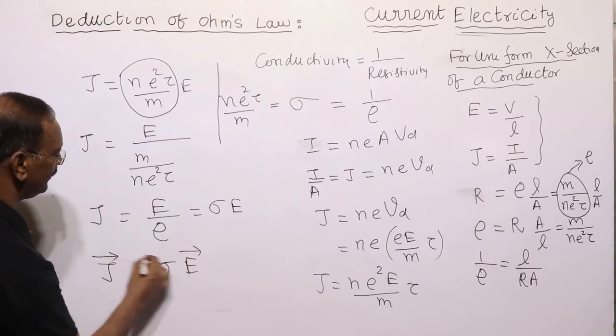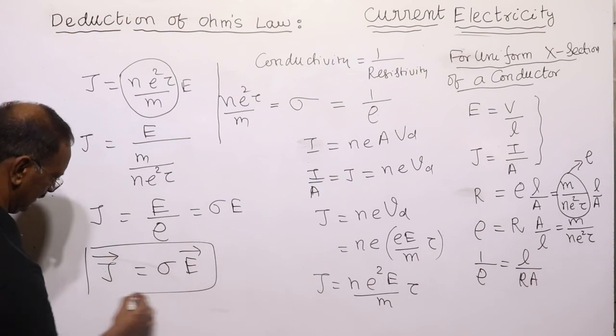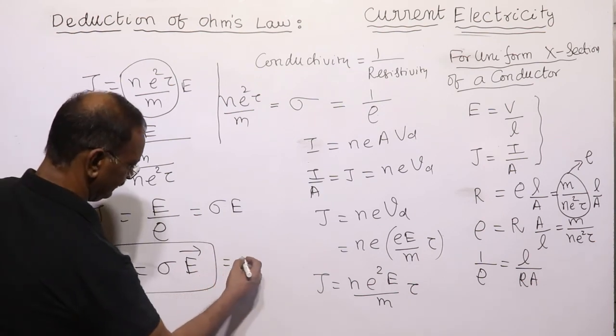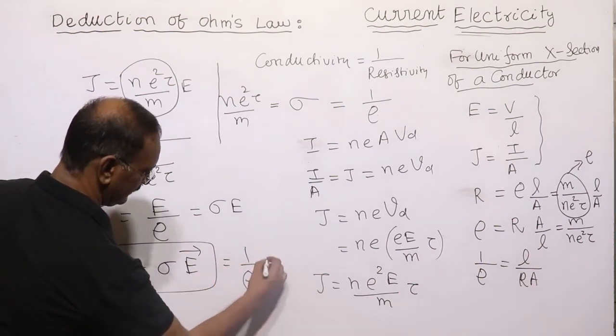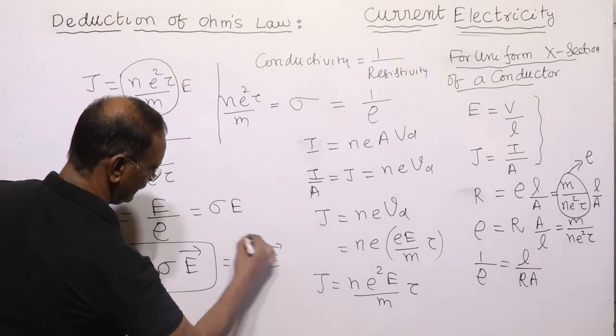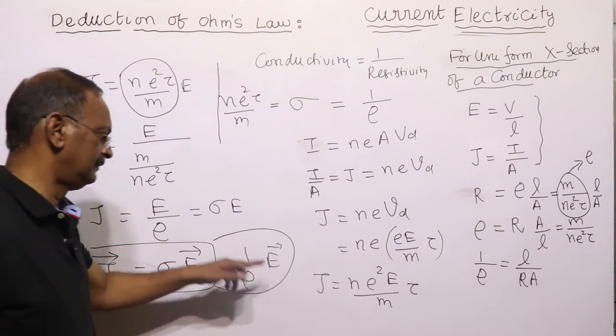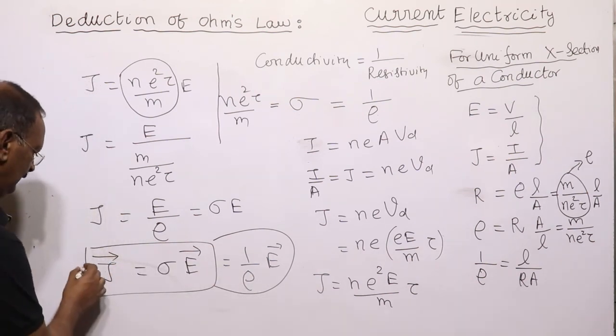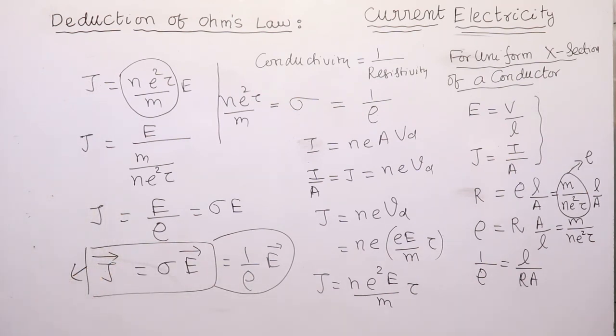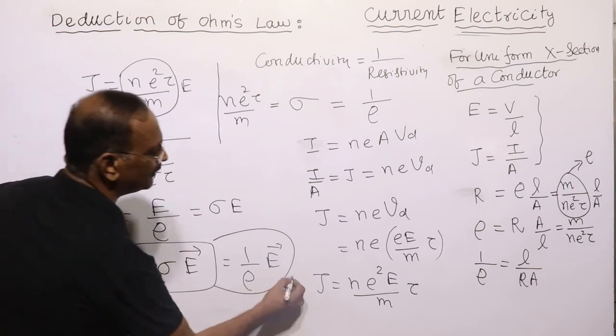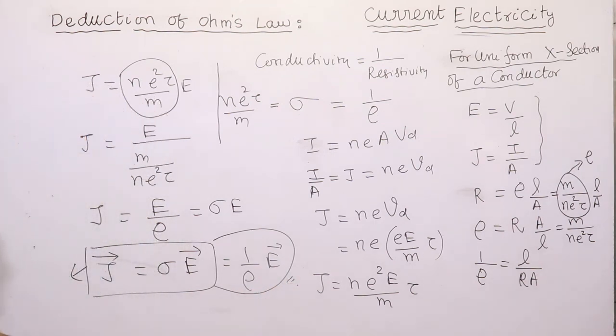So in vector form we can write it like this, or we can write it as 1 by resistivity into E. This is the relation between current density and the electric field. Both are valid. We will be using them very frequently in our numerical part for JEE Mains and NEET.